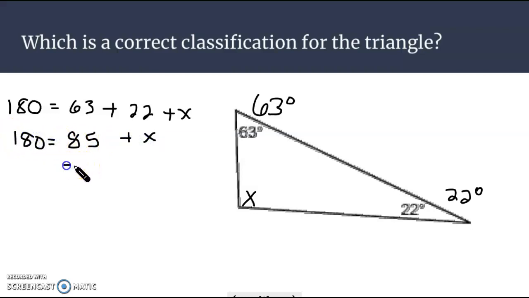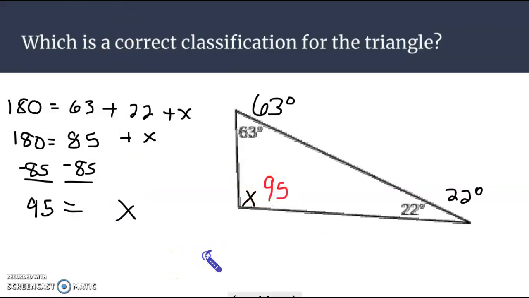And then we're going to subtract 85 from both sides. 180 minus 85 is 95. Since the missing angle here is 95, it's greater than 90, and that's going to tell us what type of triangle it is. It is an obtuse triangle.